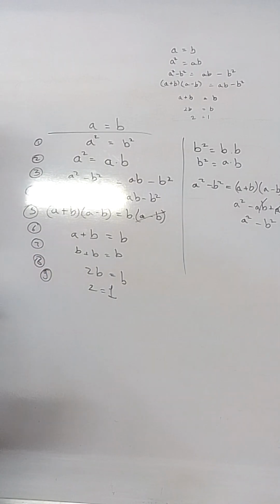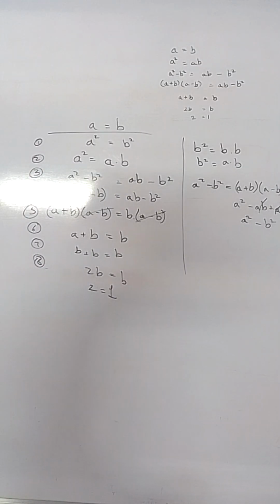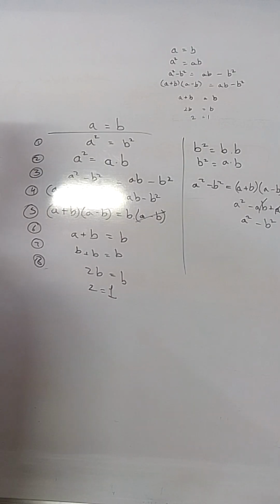Which step is wrong in here? You can stop the video and guess for yourself which step is actually wrong in this part. I'll tell you that step 5 is wrong.